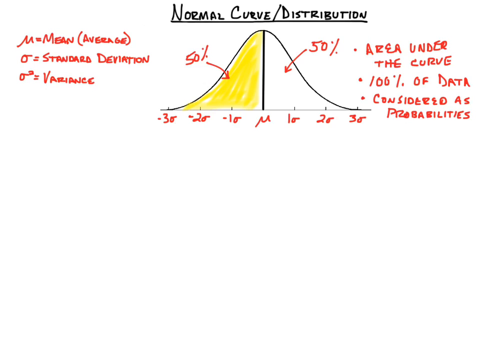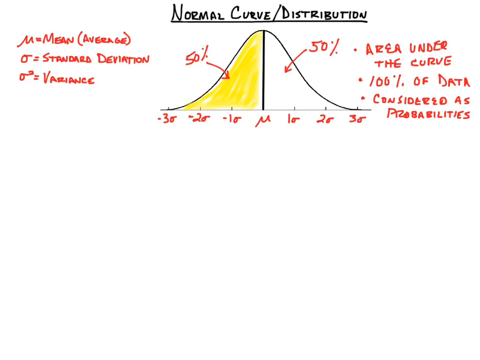All three of these things are interchangeable as we're talking about this space underneath the curve. And we'll use the mean and the standard deviation as reference points to help determine what that probability is, what that area is, what percentage of data we're talking about. So all of this is going to really focus on that space underneath the curve.